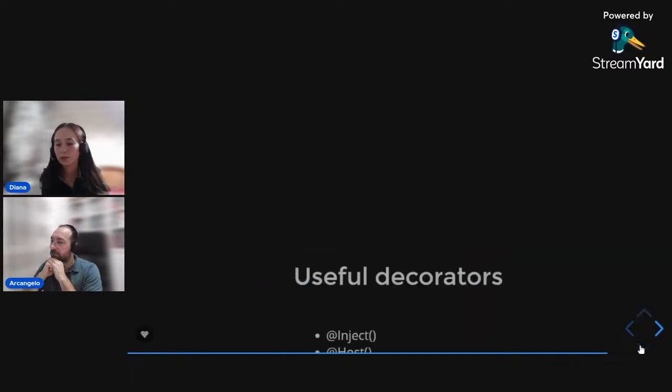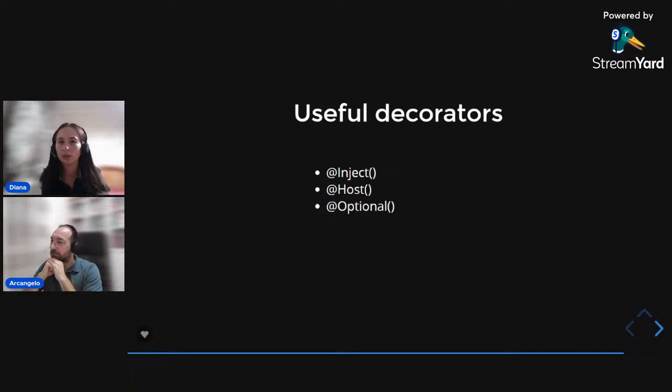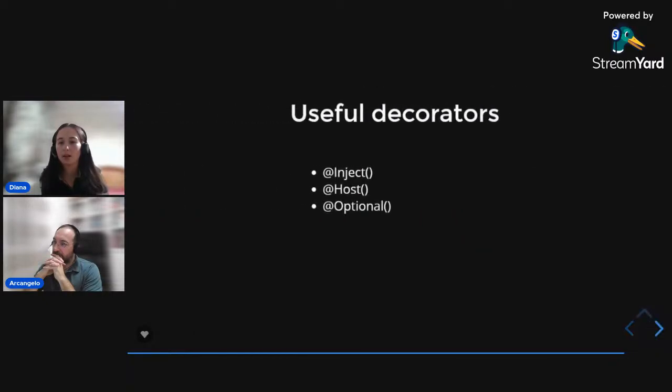The next one would be Host. You would usually use Host when you want to ensure that the dependency will be fetched only from the current component or from its parents, but not from any other sources, like, for example, the root injector. And the last one is Optional.